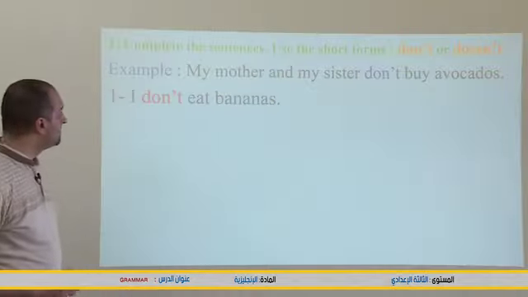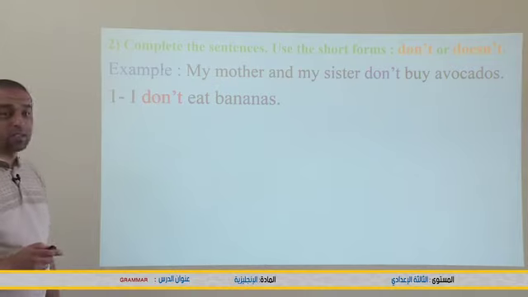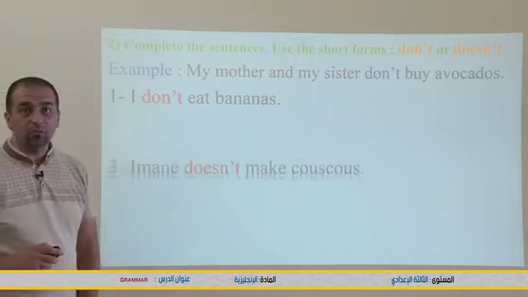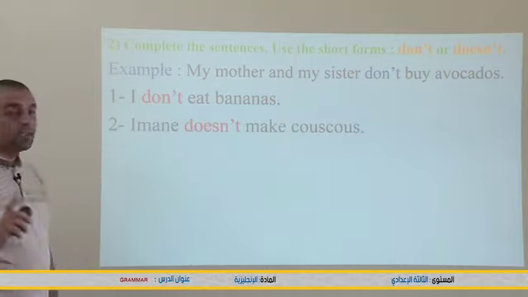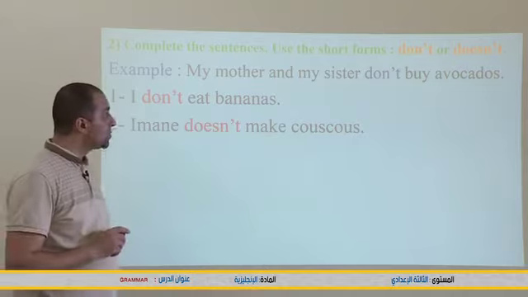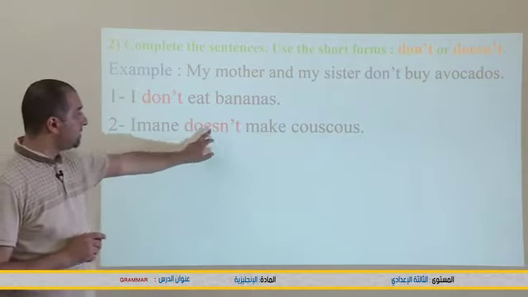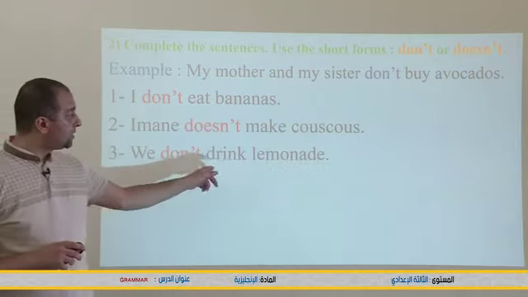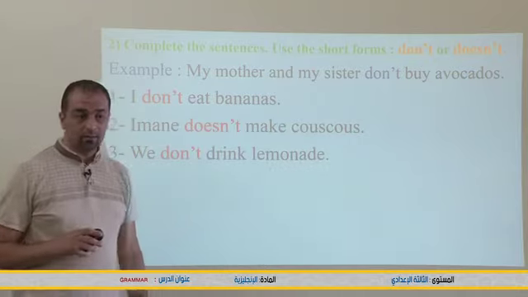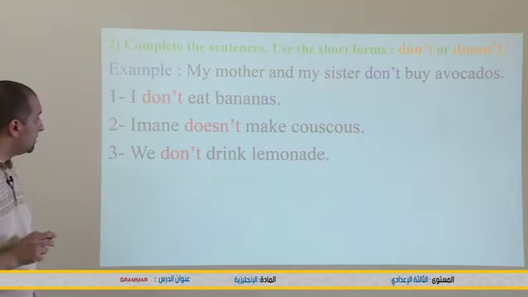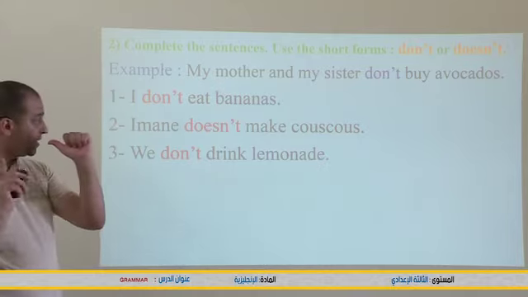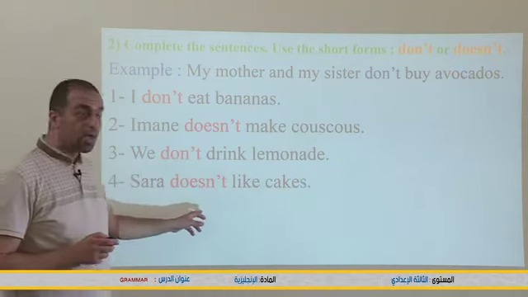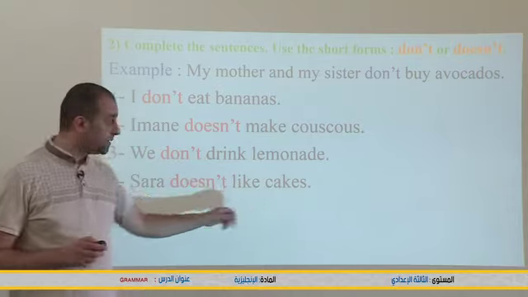Number 1, I don't eat bananas. So don't. Number 2, Iman doesn't make couscous. She doesn't. 3, we don't drink lemonade. So we don't drink. 4, Sarah doesn't like cakes.